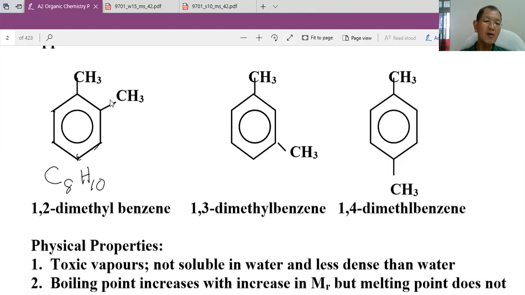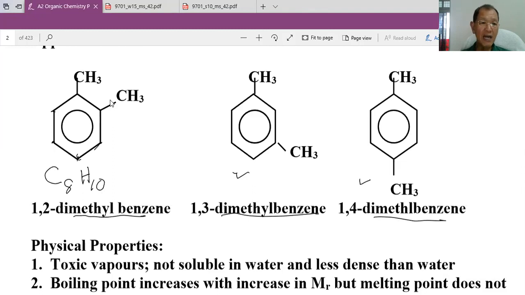Okay? So now all these 3 have the same molecular formula, C8H10. That's why they are all called dimethyl benzene. See the name here, dimethyl benzene. All same. But to represent the position, we take one of them as a reference point.